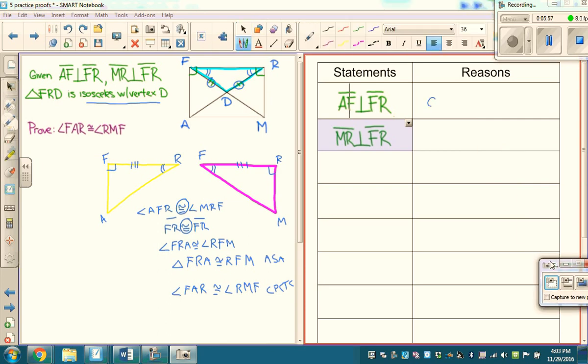So this is given. And this is given. And because I have perpendicular lines, I know that angle AFR and also angle MRF are right angles.